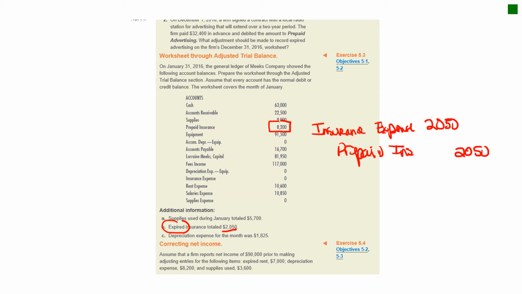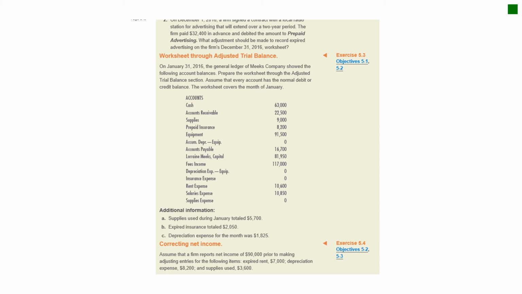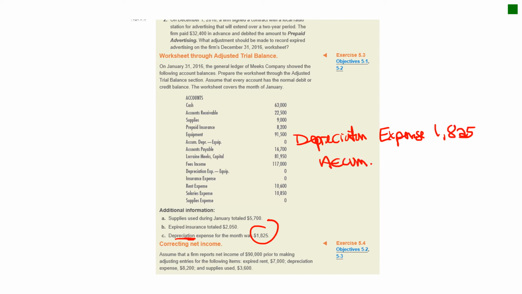That's really all you'd have to do on that one. And then of course the final one on the depreciation, they just tell you it's 1,825, so the adjusting entry would look like this. You'd debit depreciation expense for 1,825, and credit accumulated depreciation for 1,825.